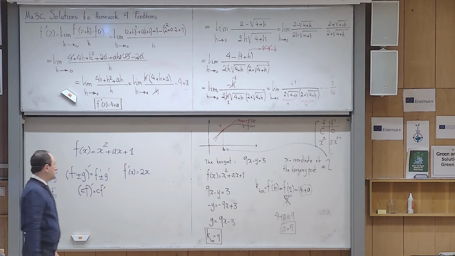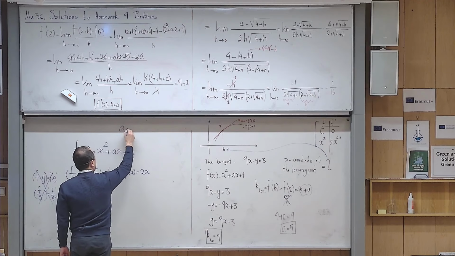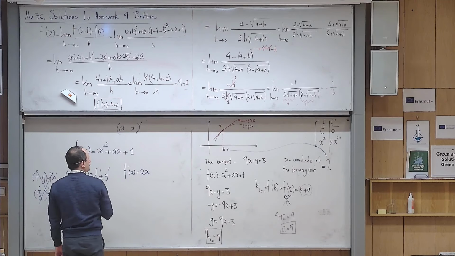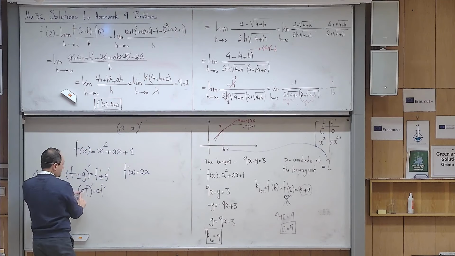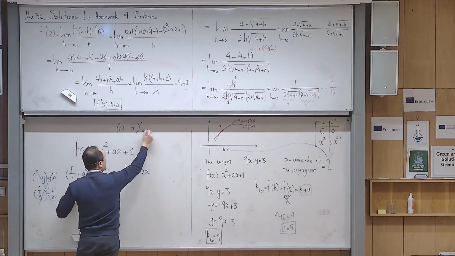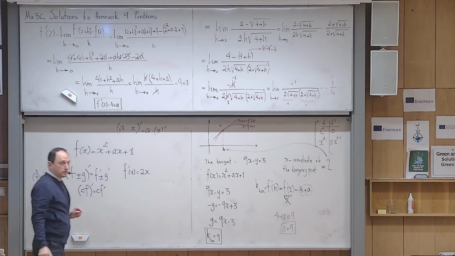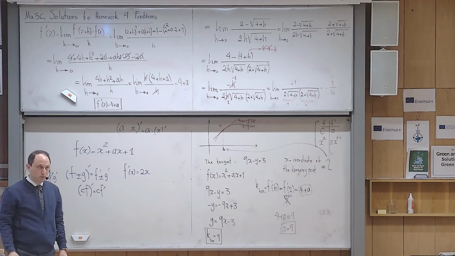It is a. Why? Because ax is a times x, and when I want to differentiate it, a is a constant. According to this rule, if a constant is multiplied by my function, I copy and paste it, and I differentiate x. What is the derivative of x?